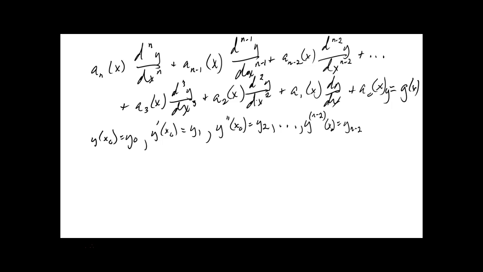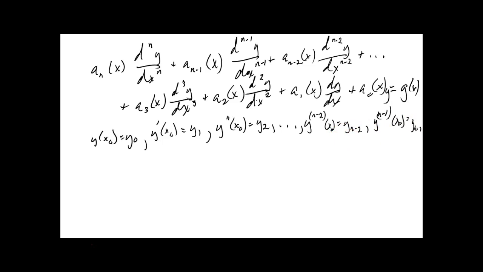When you're doing it in prime notation, you have to put that in parentheses. If you don't, you think of that as a power, not a derivative. So that has to be in parentheses there, where it doesn't up above. Comma, the n minus first derivative of y at x0 is y sub n minus 1, and stop there. You don't do the last one.